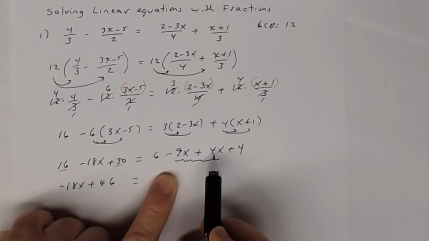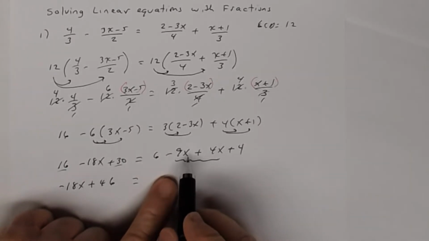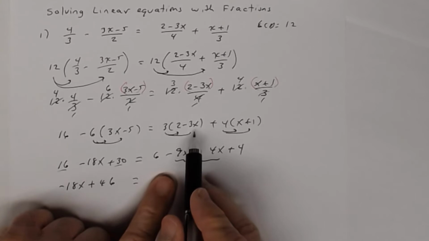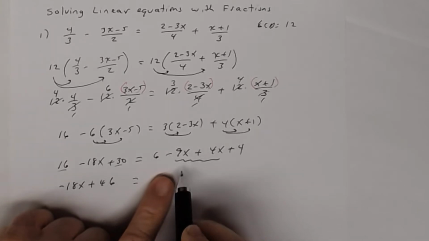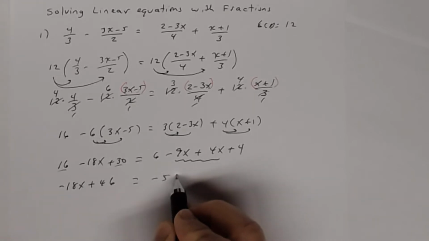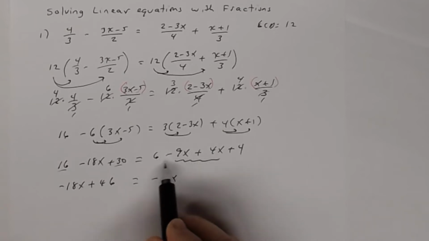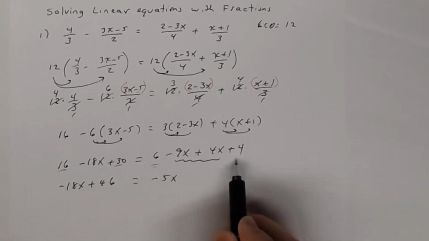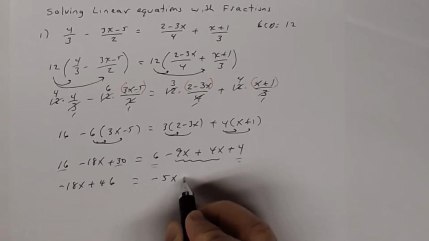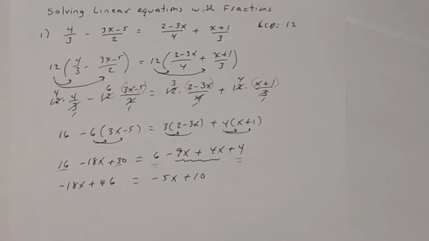So a negative 9x and a positive 4x is, make sure I did this correct. All right. So negative 9x and a positive 4x is a negative 5x. 6 and 4, now I can combine these two, right? These constants. So 6 and 4 is 10. So I get plus 10.